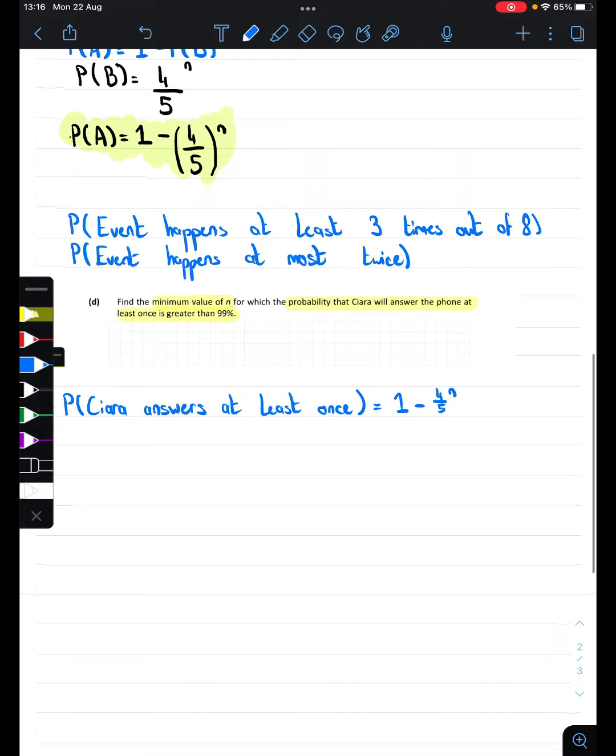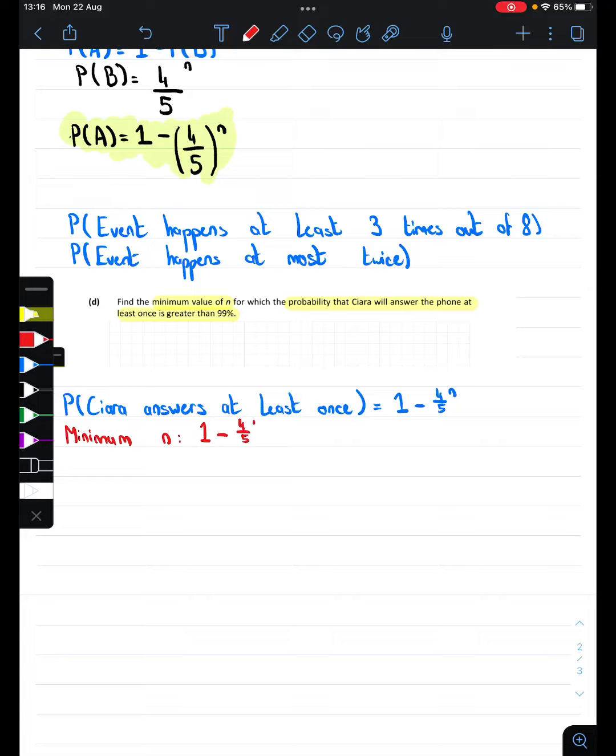Okay, and we want to find the minimum value of n such that this is greater than 99%.